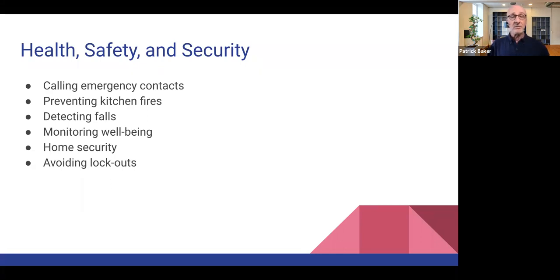And this doesn't necessarily have to be with a particular smart device. There are apps that you can use on the smartphone to, for example, track your water consumption so that you know that your mom or your dad or the person you're caring for is staying hydrated.